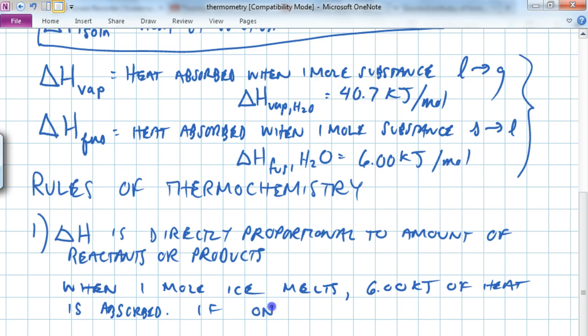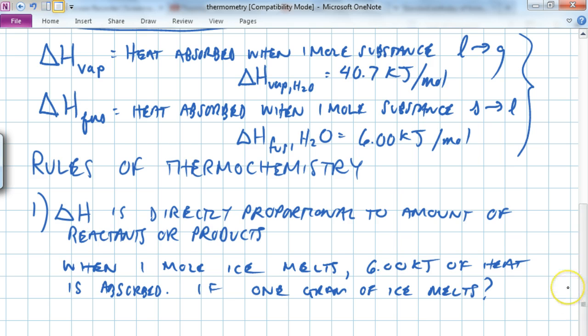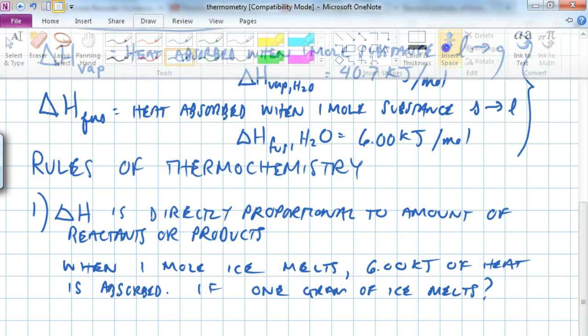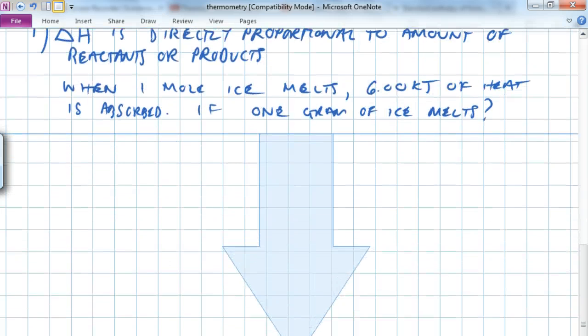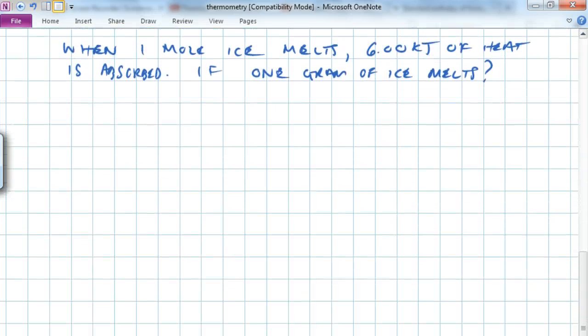If 1 gram of ice melts, how much heat is absorbed? So let's take a look at that. What about if 1 gram of ice melts?